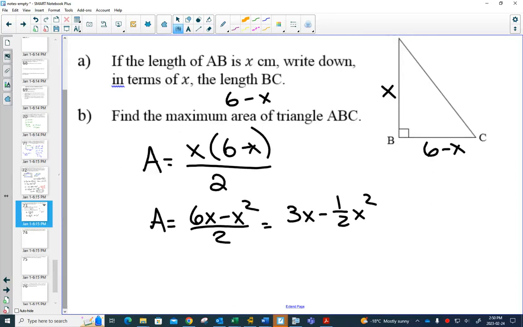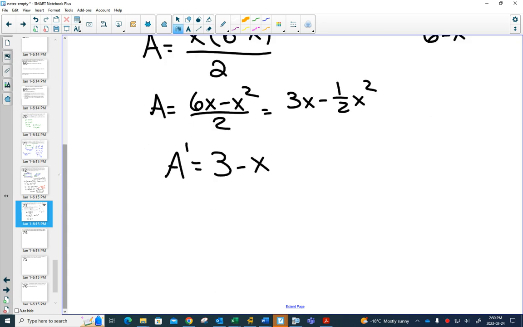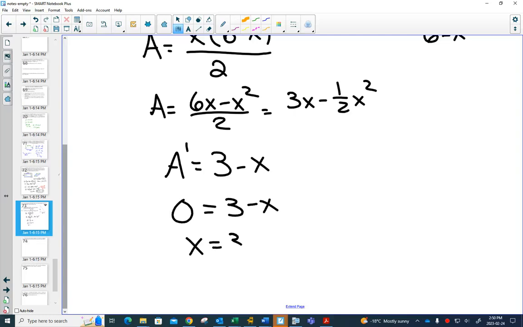Now my derivative just becomes 3 minus x. Set the derivative equal to 0. And we get x equals 3.